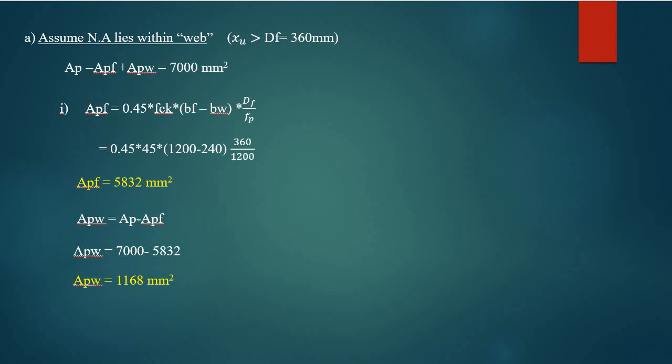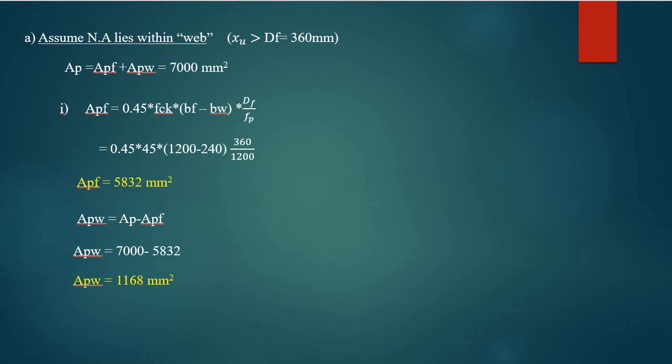Using that we should calculate how much is APF and how much is APW, that is area of the cable in the flange, area of the cable in the web. So for APF we have a formula, that is 0.45 into FCK into (BF minus BW) into DF by FP. Substitute the values: 0.45 into 45 into (1200 minus 240) into 360 by 1200.